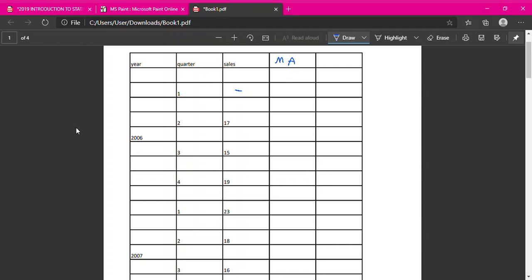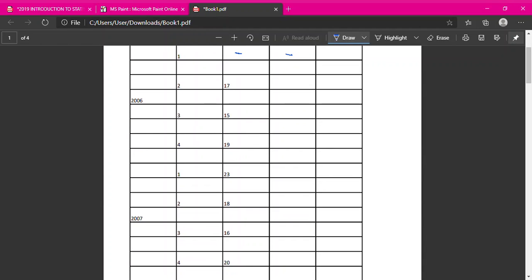So, dekat sini tak ada sebab tak ada value. So, start dengan di sini. Okay, start di sini. 4 tadi kan. So, 17 plus 15 plus 19 plus 23, divide by 4. Nak letak data kat mana? Put here the data.